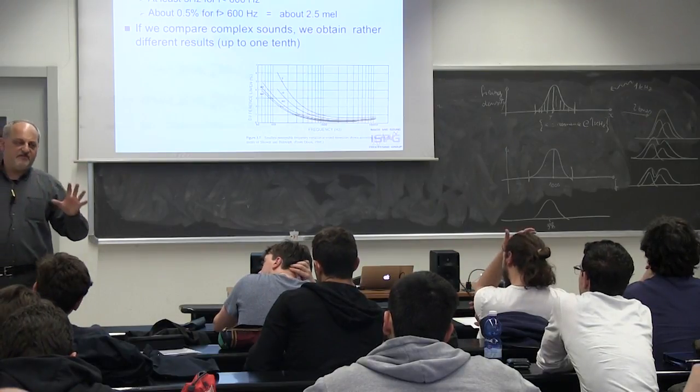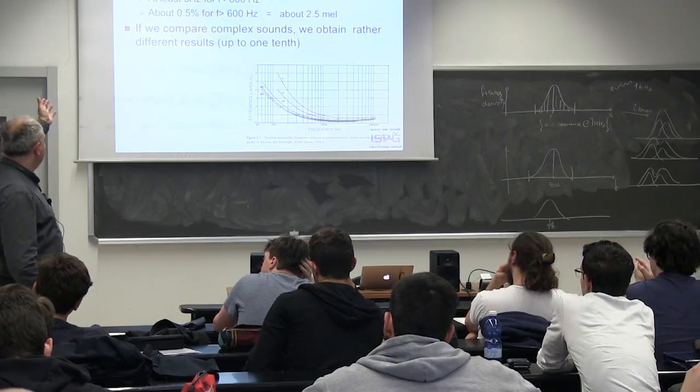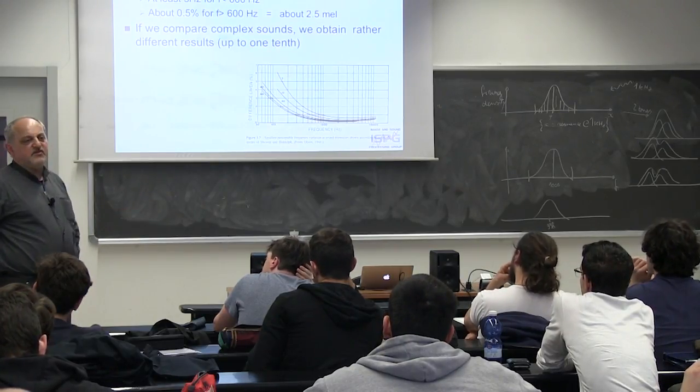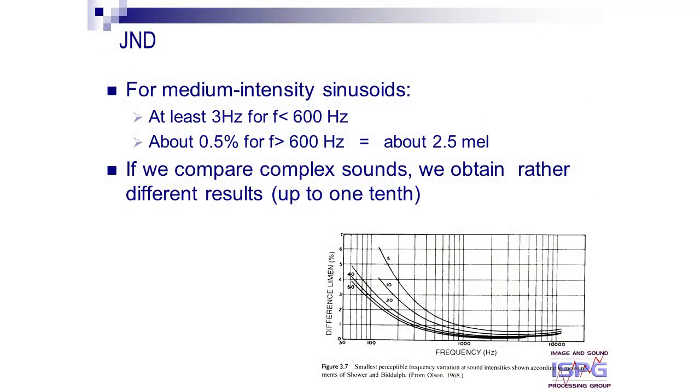Yet, if you do an average statistics on anything, and you want to get some measurement that makes sense and is safe for all possible situations, there is a very, very simple rule. For medium intensity sinusoids, and I insist on the word sinusoids, the just noticeable difference is about 5 per thousand of the fundamental frequency of the tone.